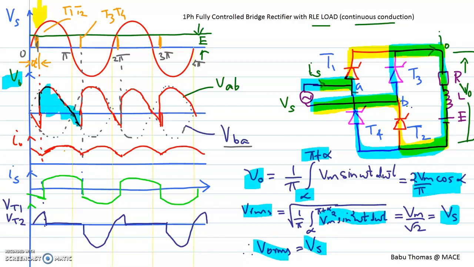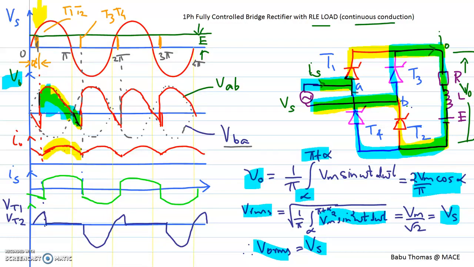Also, you can look over here at the output voltage waveform and the current waveform. From alpha to pi, voltage is positive, current is also positive. Then from pi to pi plus alpha, the voltage is negative and your current is positive.